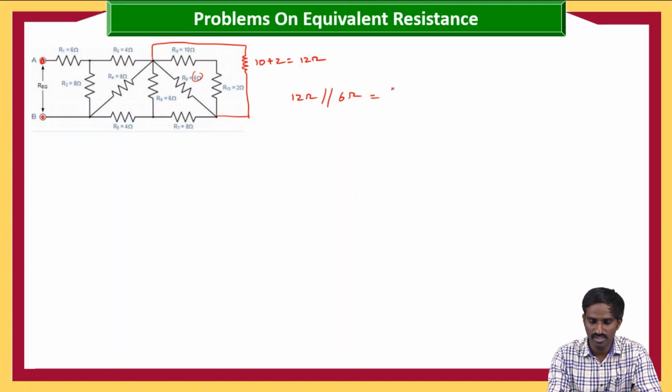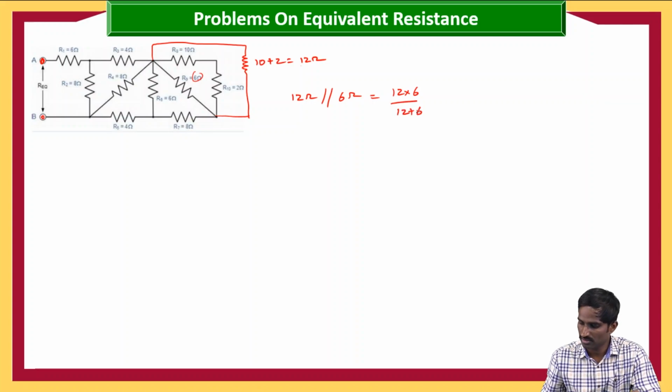Then this will become 12 into 6 by 12 plus 6, here it is 18. Then you will get 4 ohms resistance, right?